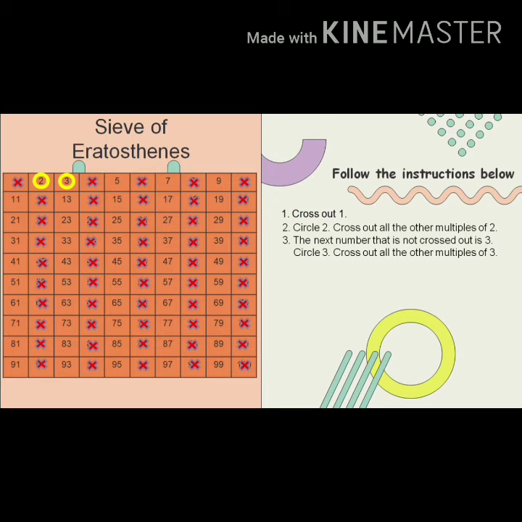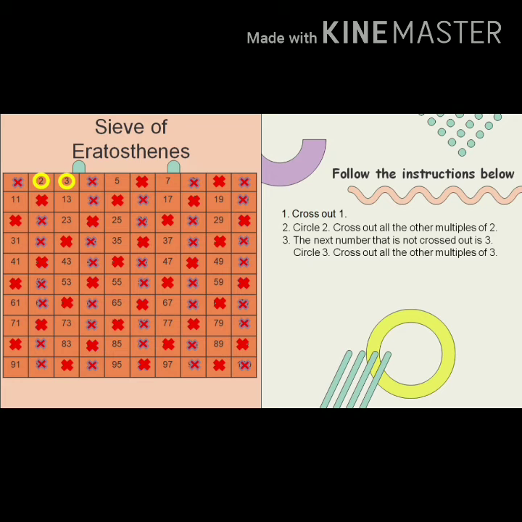Okay, for example 6. 6 is already crossed, but I will cross it again. 6 and then multiples of 3: 9, 12, 15, 18, 21, 24, 27, 30. You can do it by yourself until the last multiple of 3, which is 99. Done?